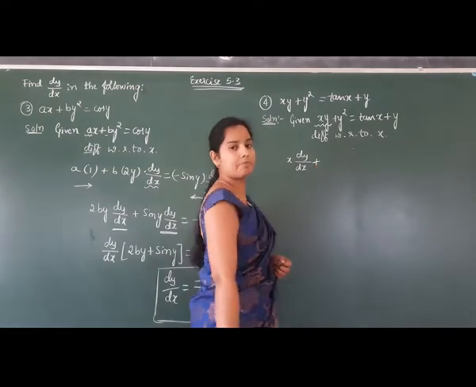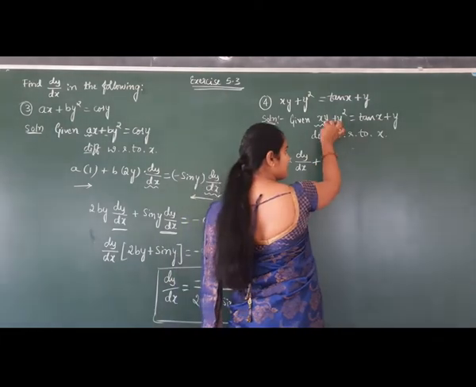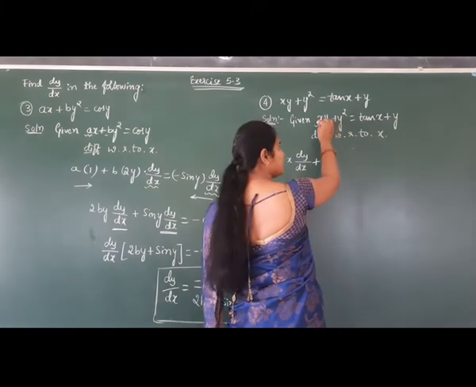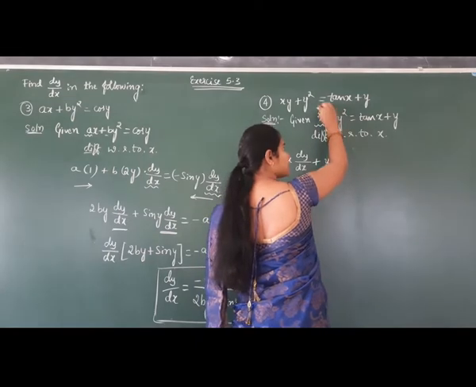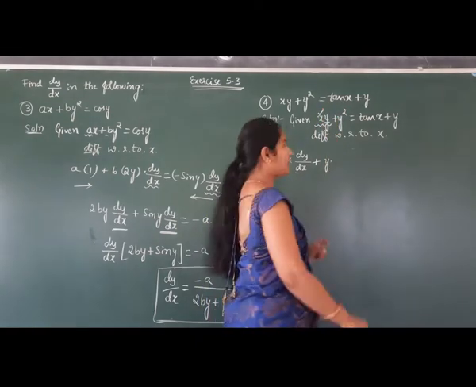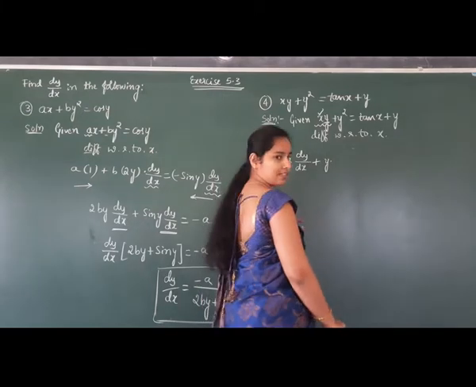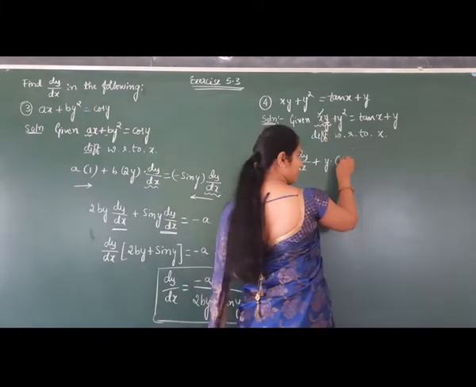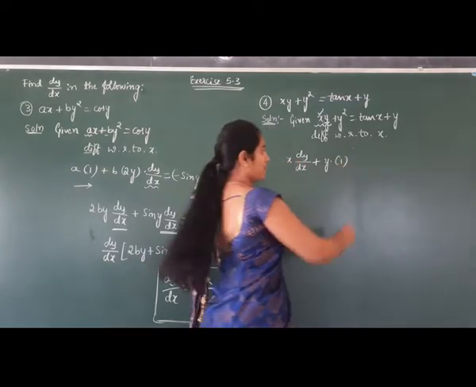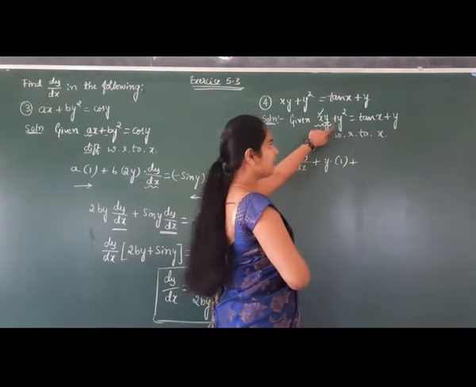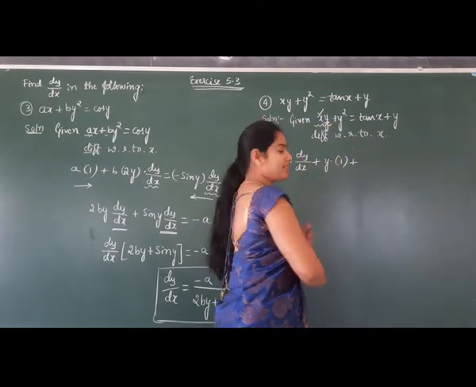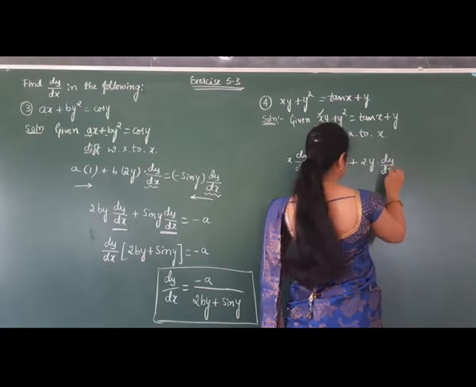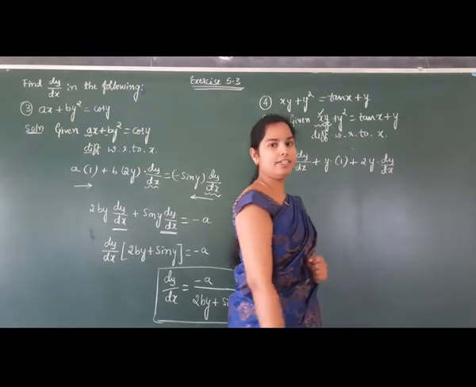Plus, now I will keep the second function y as it is and differentiate x with respect to x. What is the value of the derivative of x with respect to x? 1, right? Plus, derivative of y square with respect to x is 2y into dy by dx.